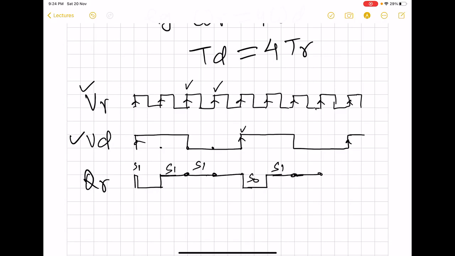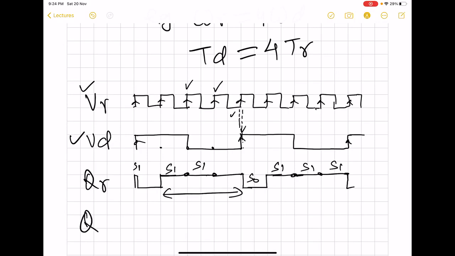So at every rising edge, it will be retained in state 1 and then brought back. So here we are assuming that there is a slight mismatch like this. So this one occurs after the VR edge. So here we see that we have QR, which has a wide pulse.